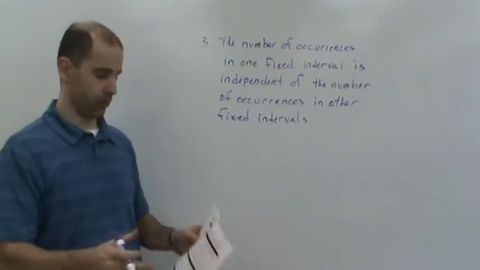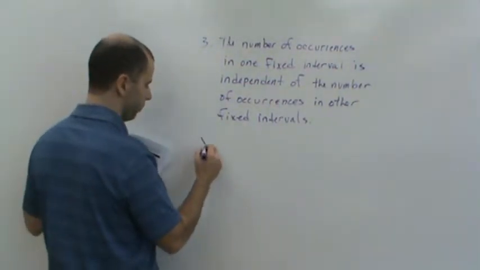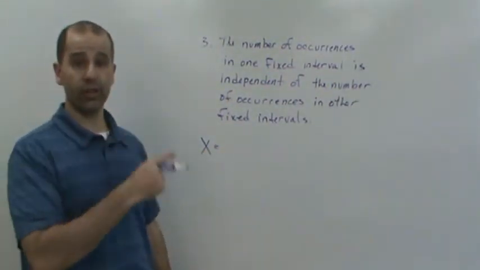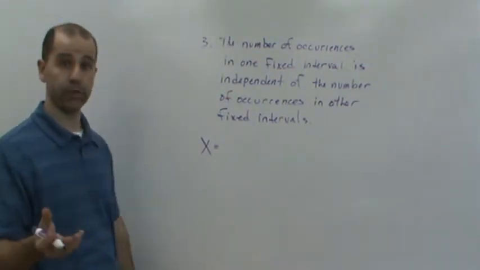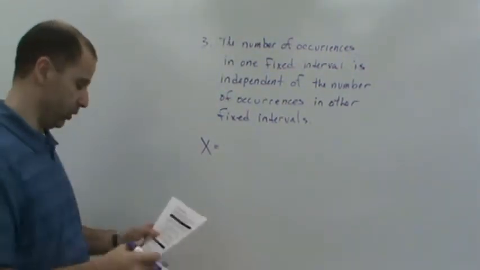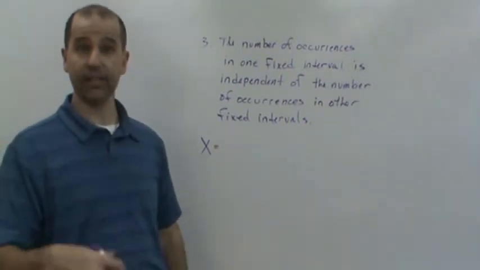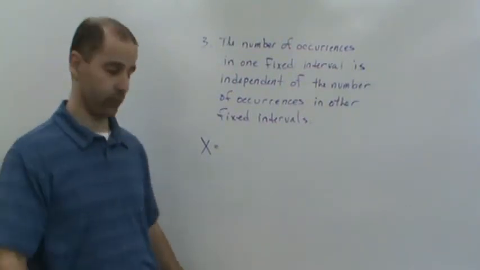So now, the random variable x, okay, so remember the way we define the random variable is important too. So not only do those conditions need to be met, but here's the way we define the random variable for a Poisson probability distribution. So the x, if you haven't figured it out, is the number of occurrences within that time period or space, okay?